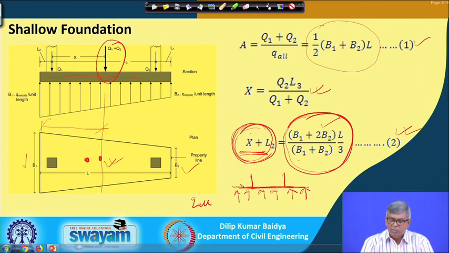So, I am not going into detail. When it is a simple rectangular section, the pressure diagram is uniform. But when it is trapezoidal, the pressure distribution along the length of the footing will be like this, because though the pressure below the footing is uniform, q multiplied by this width gives the pressure here, and q multiplied by that width gives the pressure there, which means a linearly varying pressure.